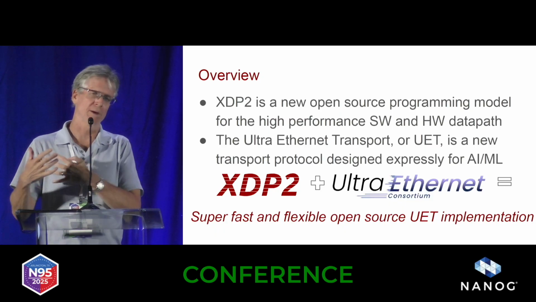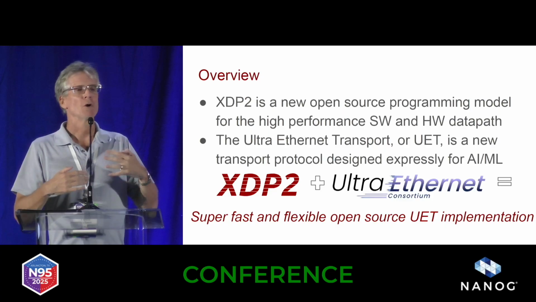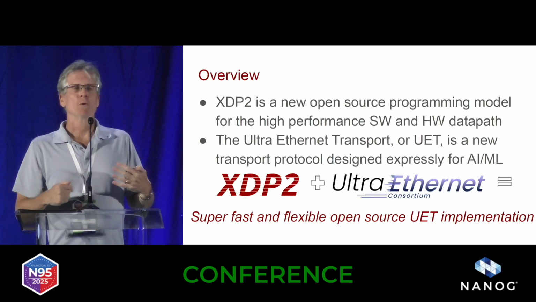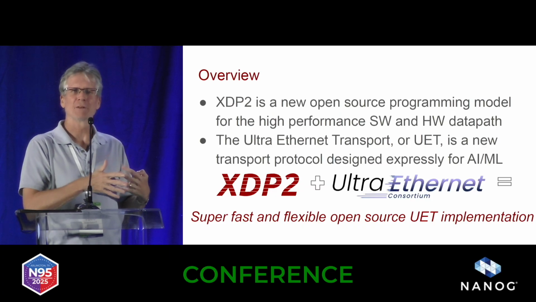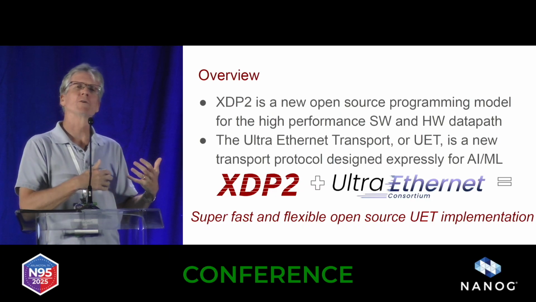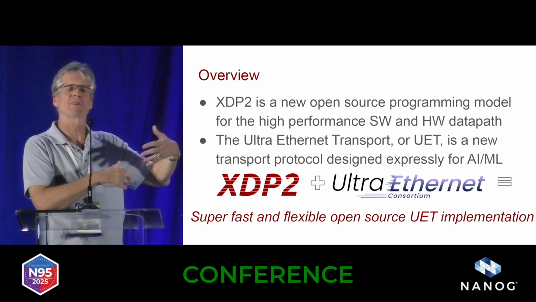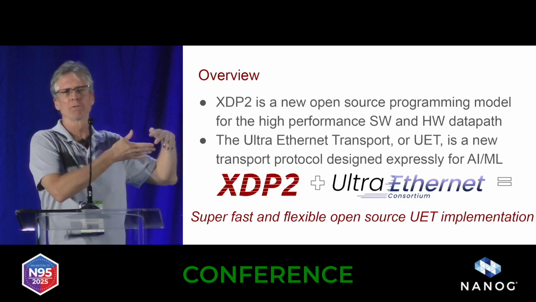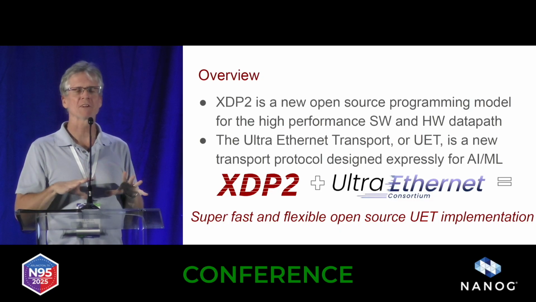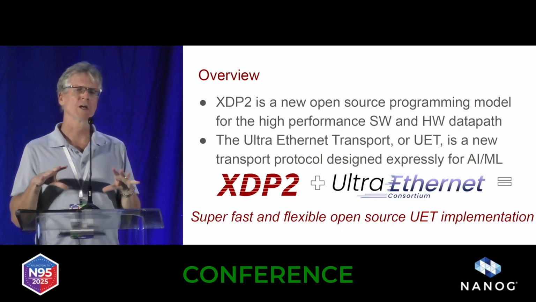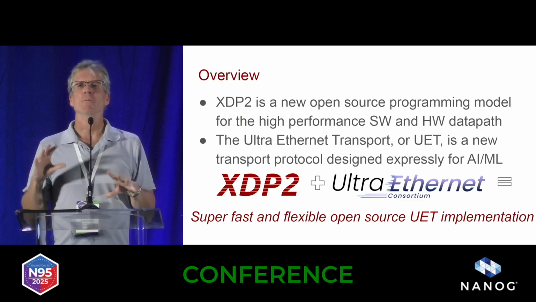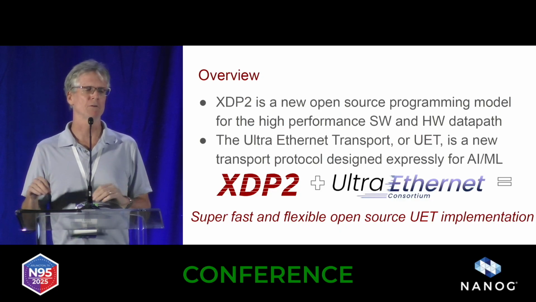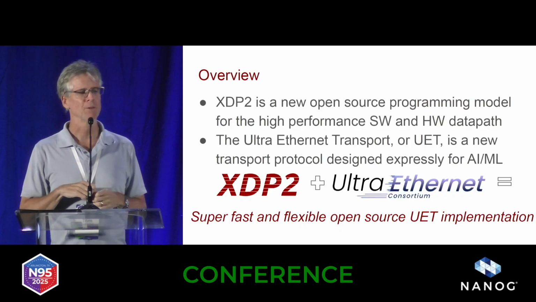We start with the baseline of Ethernet, and on top of that, we build a protocol called Ultra Ethernet Transport, which you can think of as somewhat like TCP, but it also includes higher level constructs like how to do RDMA, memory operations, and things like that. So it's more of a complete stack, but it is explicitly designed for AI and HPC, moving memory very quickly amongst GPUs and other domain-specific accelerators.